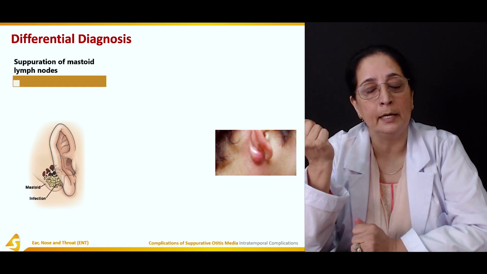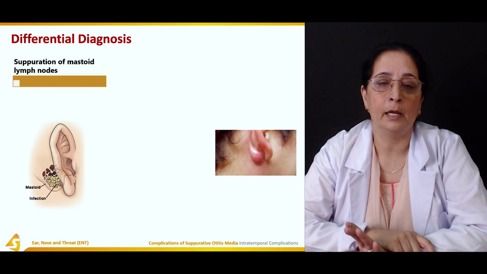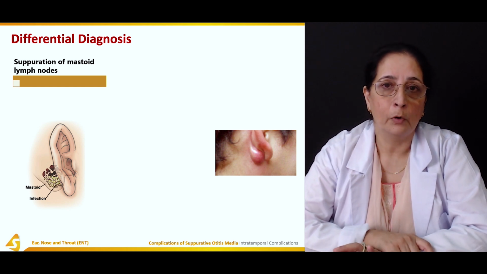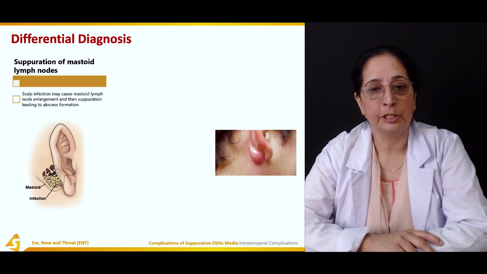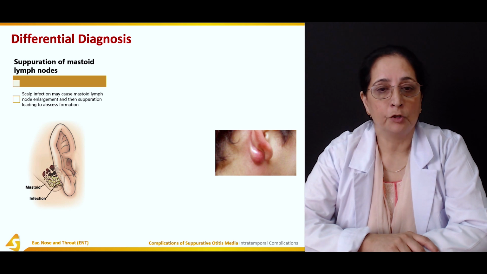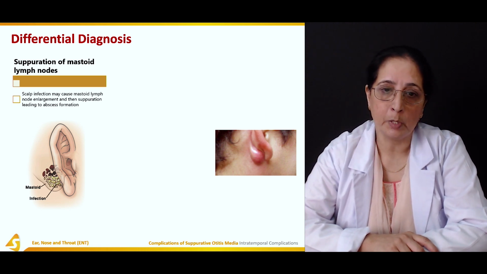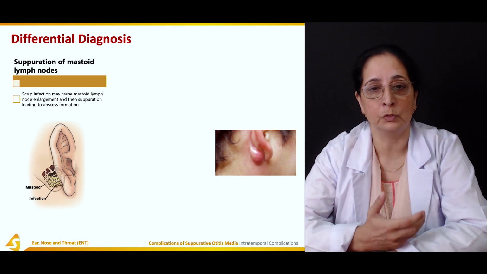That can be a differential diagnosis of the intratemporal complications of suppurative otitis media. So scalp infection may cause mastoid lymph node enlargement and suppuration leading to abscess formation. So that can be one differential diagnosis.